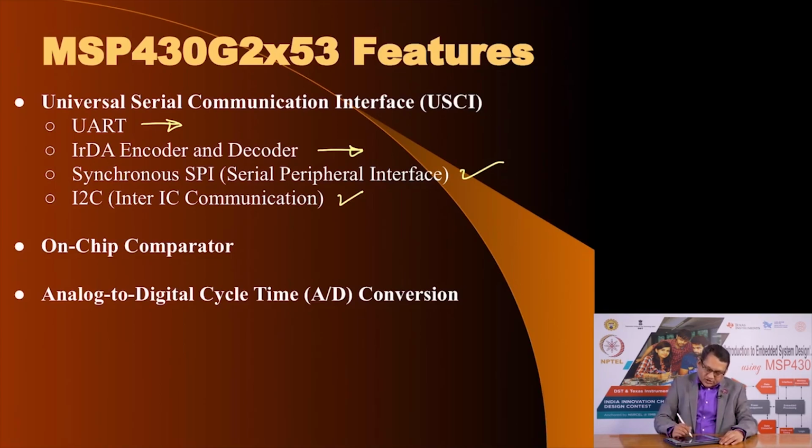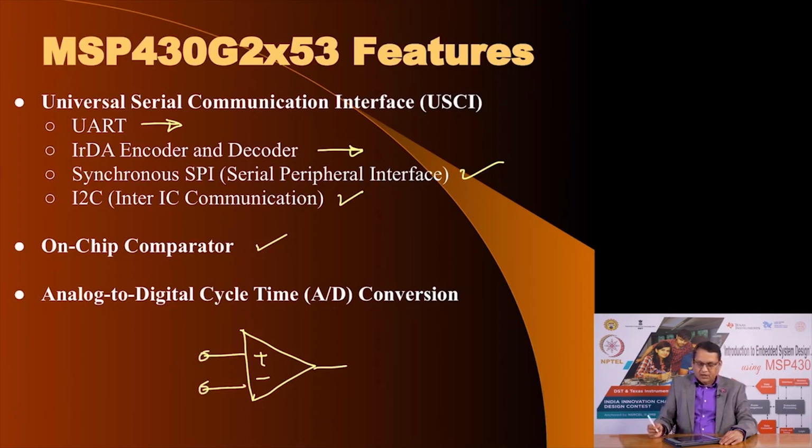It also has an on-chip comparator, that is an analog comparator, meaning something like this. And it is not just one single comparator, it has many inputs which could be routed to this or this pin, so that you can do a variety of voltage comparisons.